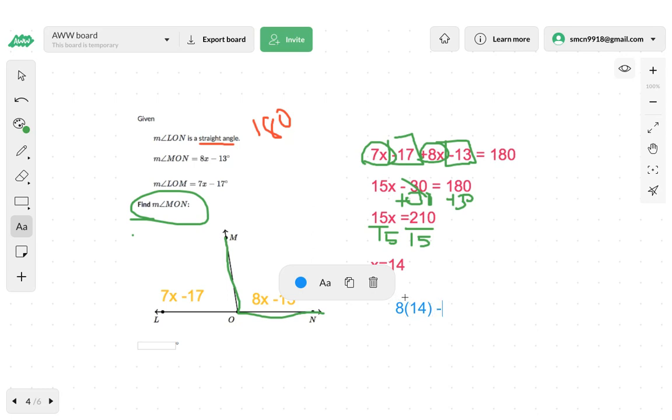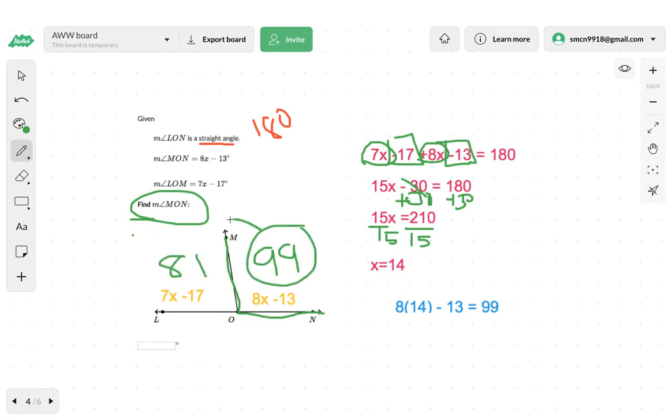Then you're going to subtract 13. When you put that all on your calculator, you're going to get 99. So if this is 99, we can figure out the measure of the other angle. If we do 180 minus 99, we would get 81. So this is the final answer. This is MON. If you have any questions, you can message us.